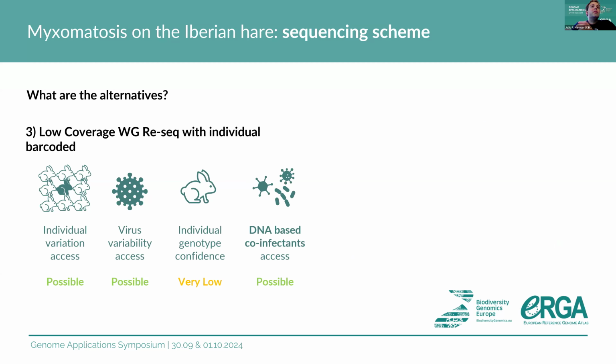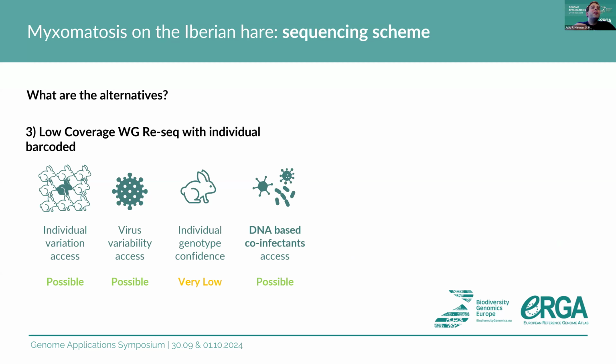So for us, the only option that could fit all this would be low coverage whole genome resequencing with individual barcodes. So it means that all the individuals that we put on the sequencing library are individually barcoded. So we can recover this.